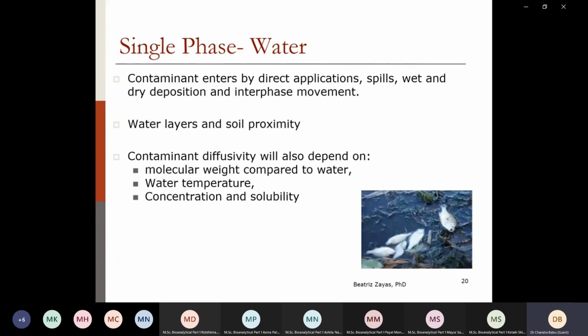Other variables that affect how pollutants move in water are the molecular weight of the pollutant compared to water, the water temperature, and of course, how soluble the substance is in water, and the concentration. Also, keep in mind, based on the image, that some of these substances might be hydrophilic or lipophilic, and they might be absorbed by some of the species in water as well.